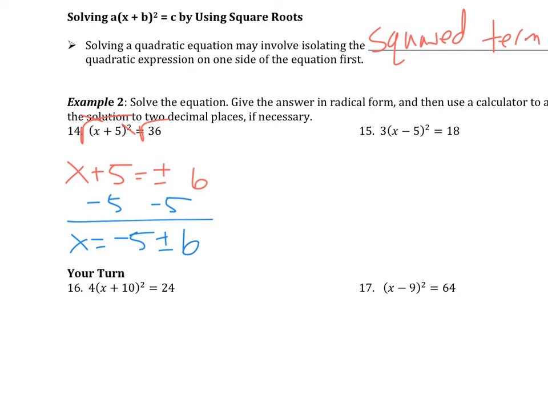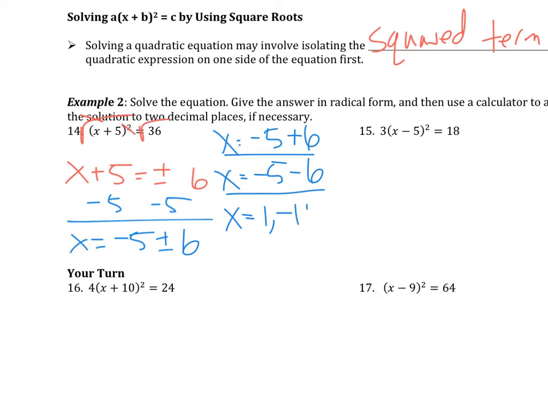You can just simplify from there, but this is a good visual. What we really have is x equals negative 5 plus 6 and x equals negative 5 minus 6. So at the top, that gives us x equals 1, and on the bottom, that gives us x equals negative 11.